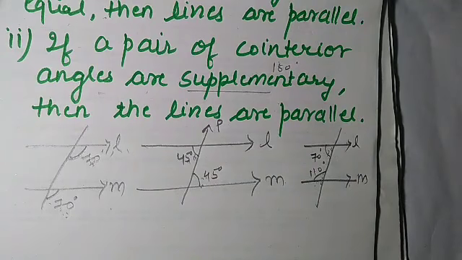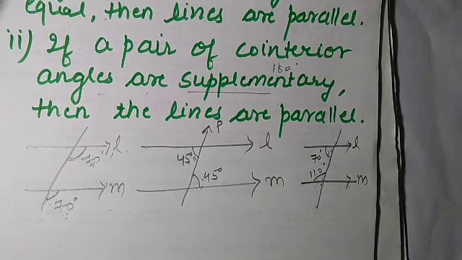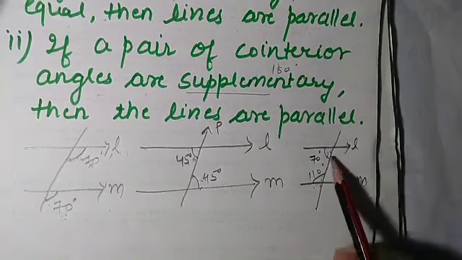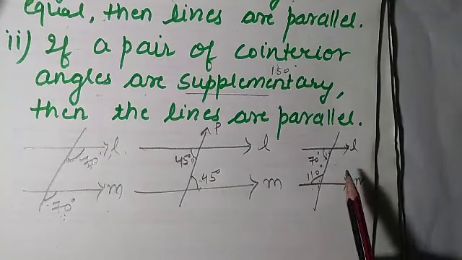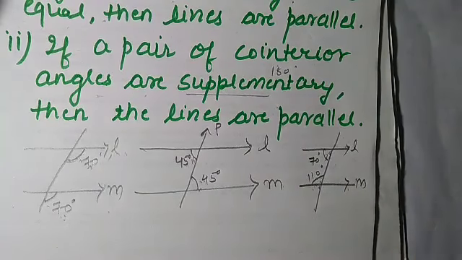So if alternate angles are equal, then lines are parallel. If corresponding angles are equal, any one of the pair, then lines are parallel. And if the sum of co-interior angles is 180, or supplementary, then lines are parallel. And the converse of this is also true.